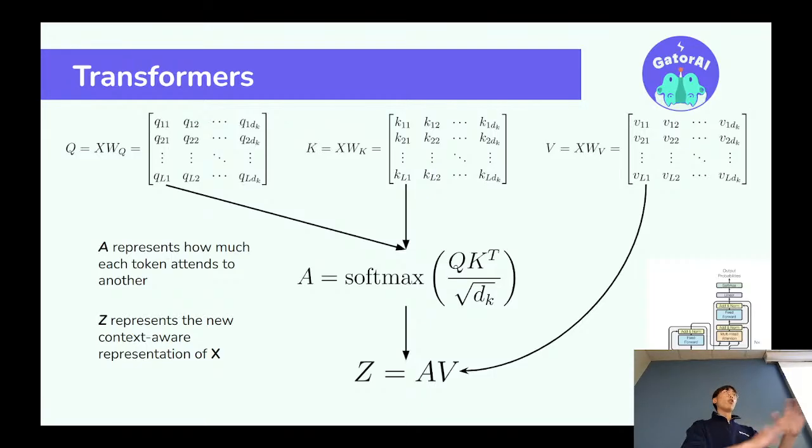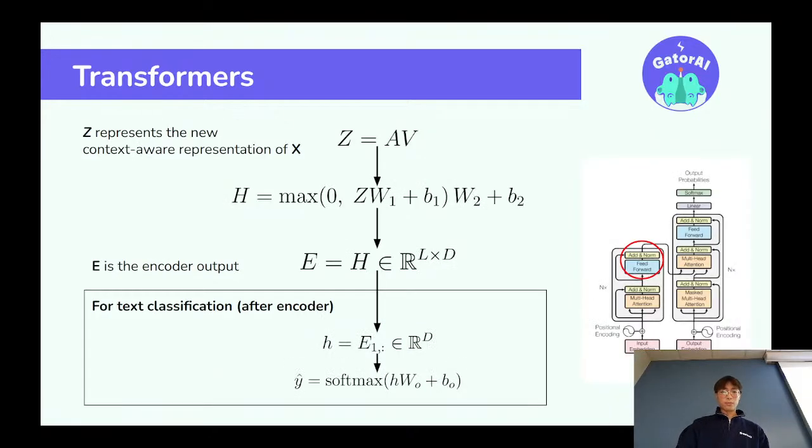And we see this is all still within the self-attention part of the encoder. So Z represents the new context-aware representation of X. Essentially all we do is pass Z into our feed-forward neural network, where we learn some relationships between the tokens that are now enriched with that information.